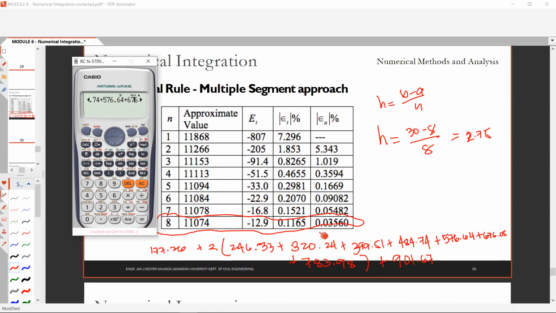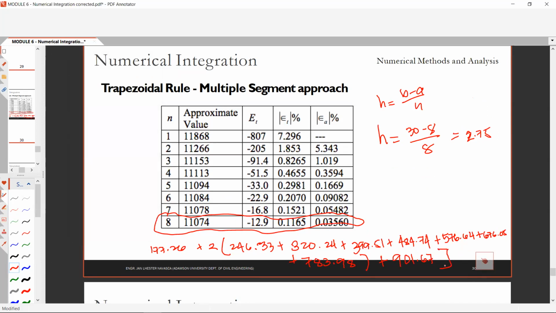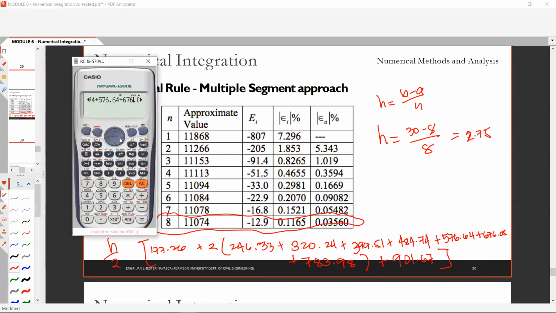So multiplied by h over 2, which is 2.75 over 2, which is 11,074. Ayan, ganyan lang yung mag-approximate ng area under the curve using composite trapezoidal rule.